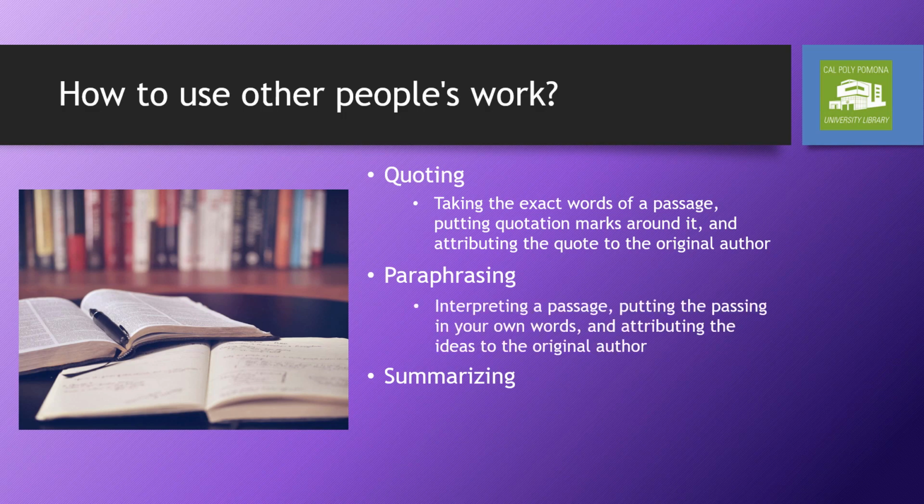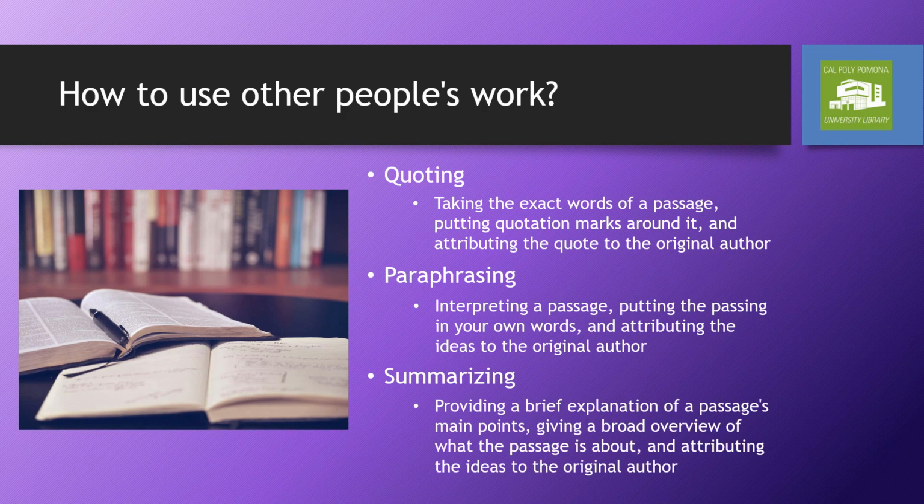Paraphrasing is interpreting a passage, putting the passage into your own words, and attributing the ideas to the original author. Summarizing is providing a brief explanation of the passage's main points, giving your readers a broad overview of what the passage is about, and attributing the original ideas to the original author.